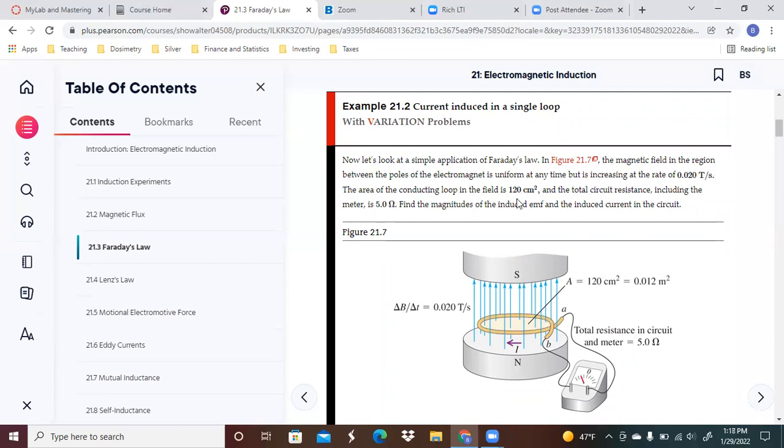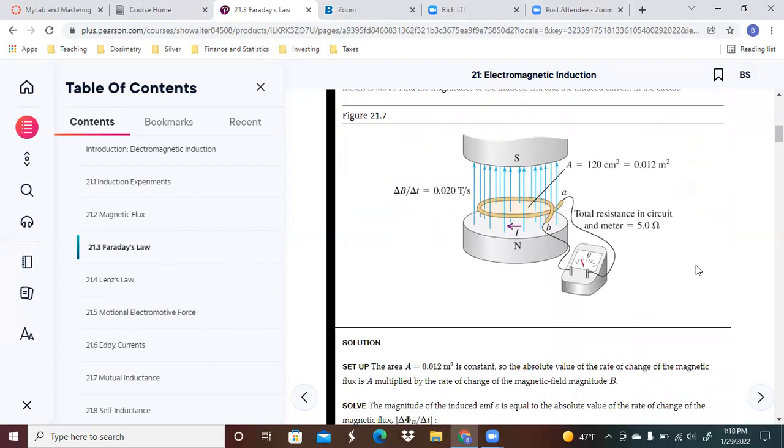The area of the conducting loop in the field is 120 cm squared, and the total resistance, including the meter, is 5 ohms. So we're going to find the magnitudes of the induced EMF and the induced current in the circuit.